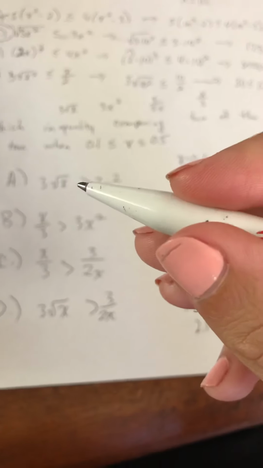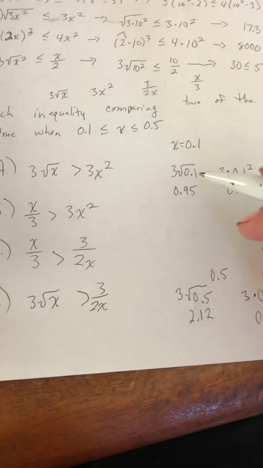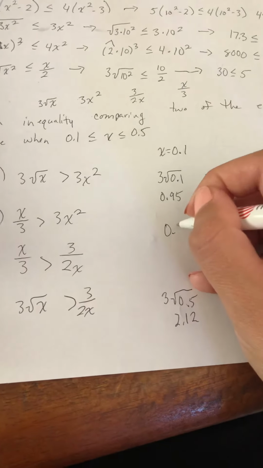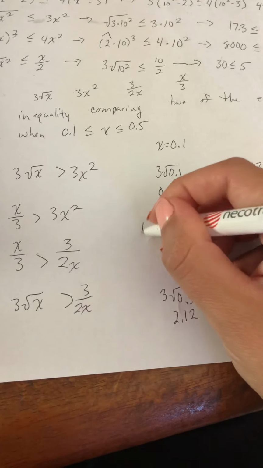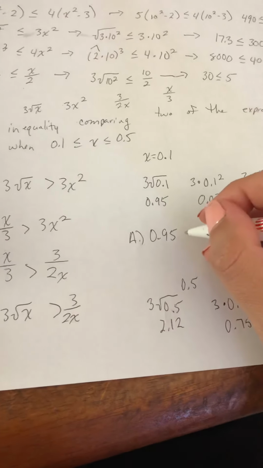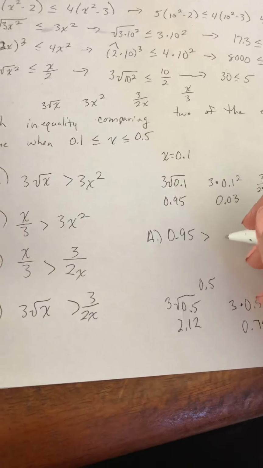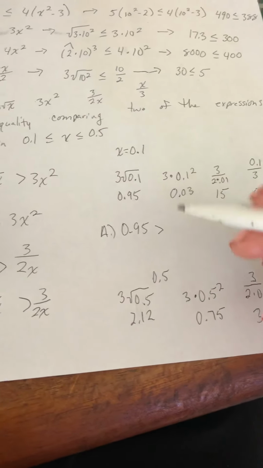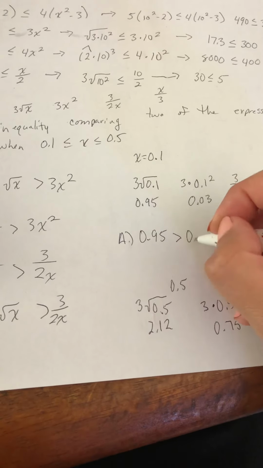So the first one is 3x squared. So 0.95, this is for A, is greater than 0.03.